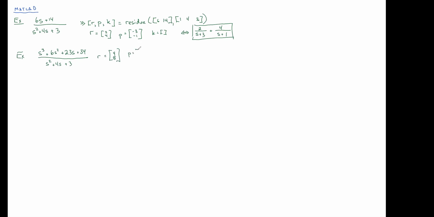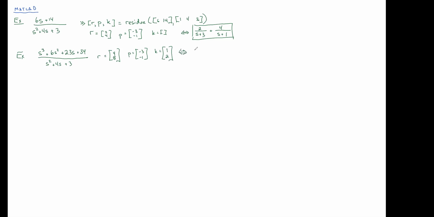Your pole vector, denominators will be -3 and -1 again. But your k vector now will not be empty. In fact, it'll have two numbers, because you would have had two coefficients if you divided through.